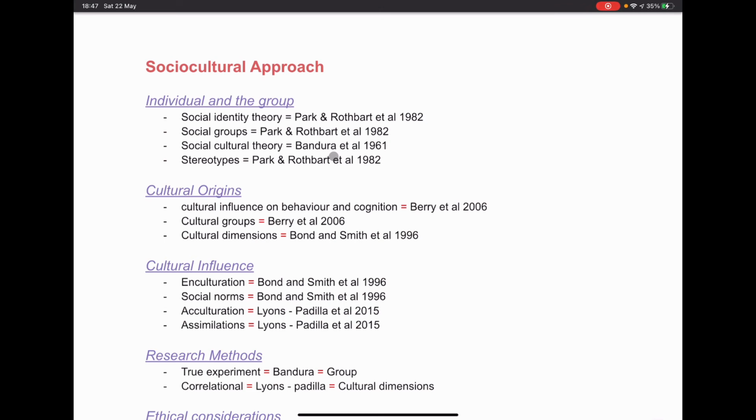Therefore, we can say that behavior does not only have to be derived from genetic predispositions, and that environmental factors such as role models, teachers, and so on can have a very large effect on behavior.